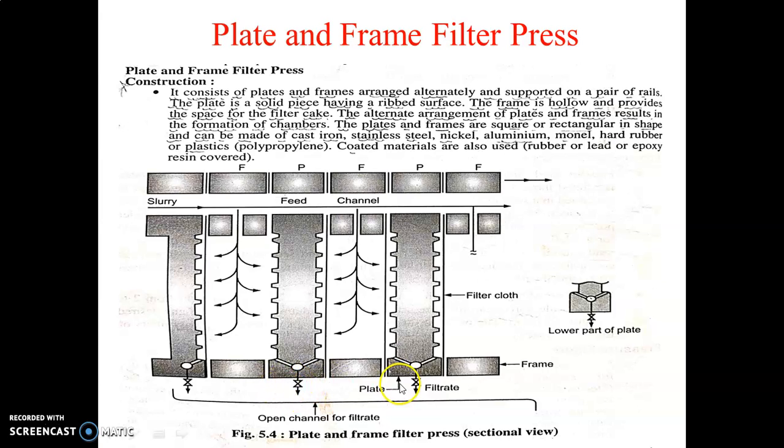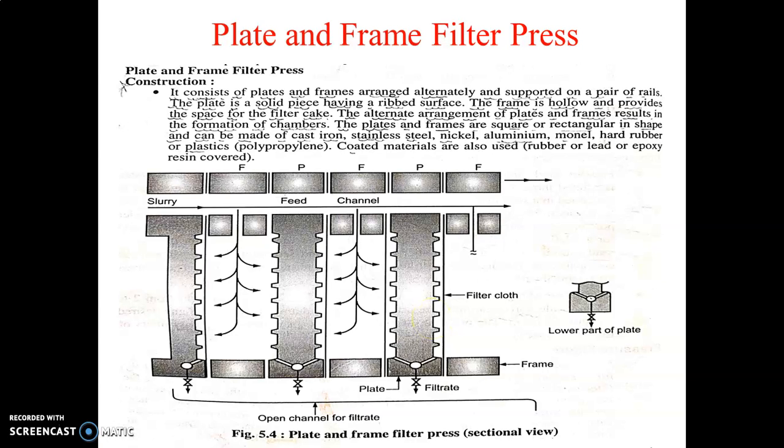And this is the cock. Cock means valve. That means if we open the valve, the filtrate goes out this side, and when we close the valve, the filtrate remains in this channel. So this is the construction of the plate and frame.